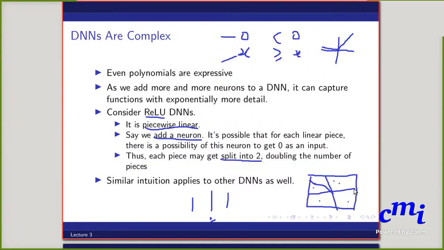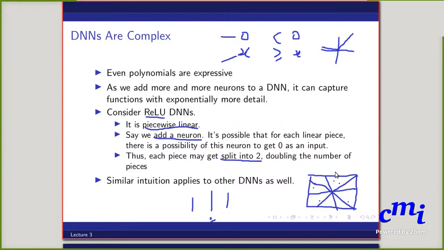Okay, so what I'm saying is that in the worst case scenario, it may happen that this sort of a split appears in each piece just by adding one neuron. So in each piece, there's one region where the neuron is 0, non-zero, 0, non-zero, right? So each one of these pieces ends up splitting into 2, and previously we had 4 pieces, now we've got 8 pieces, right? This is what can happen in the worst case scenario.